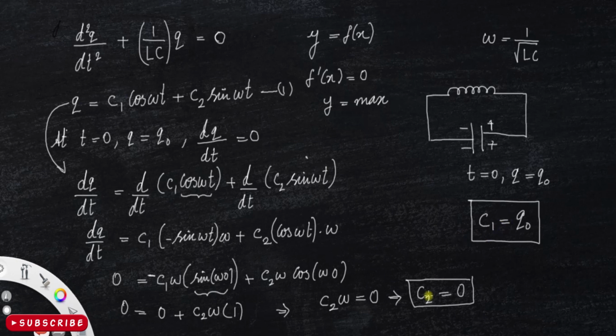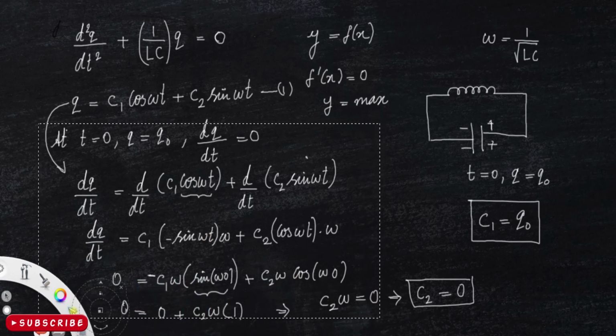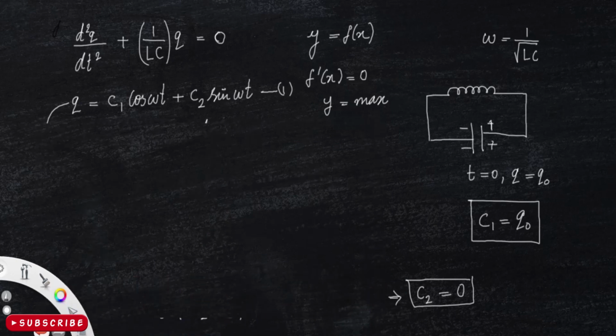Now let's substitute these values in equation 1 itself. Then the value of charge q at any instant is q0 cos omega t. No need to write the term with sin omega t because c2 is 0.